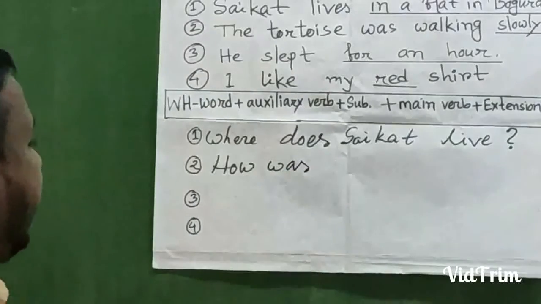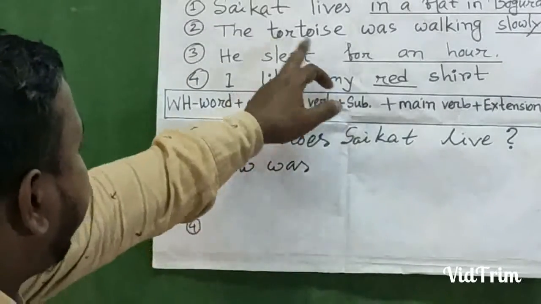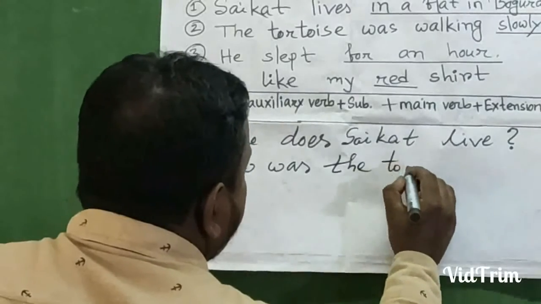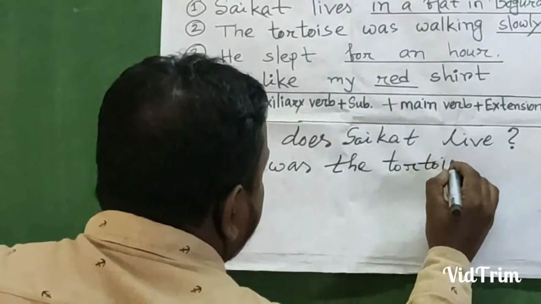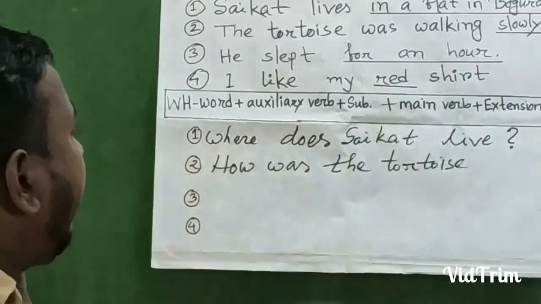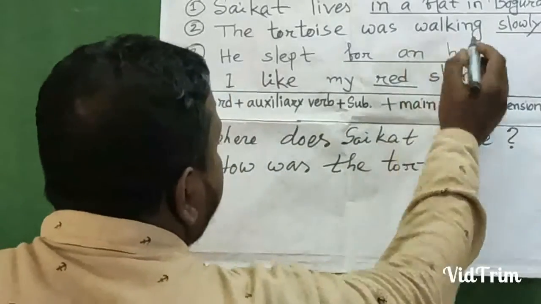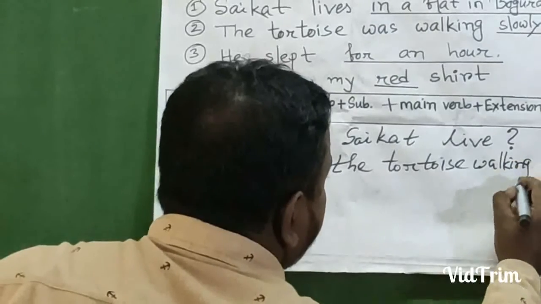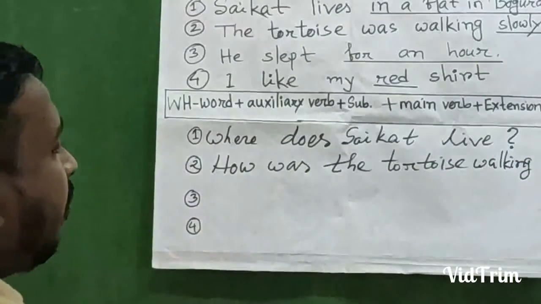How was. Now we have to write the subject, the tortoise. Now we have to write the main verb, and what is the main verb? Walking. And we have to put a question mark.